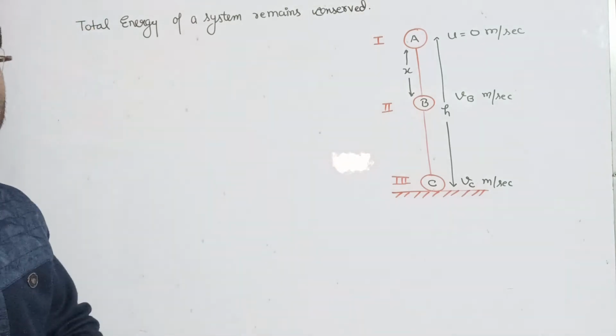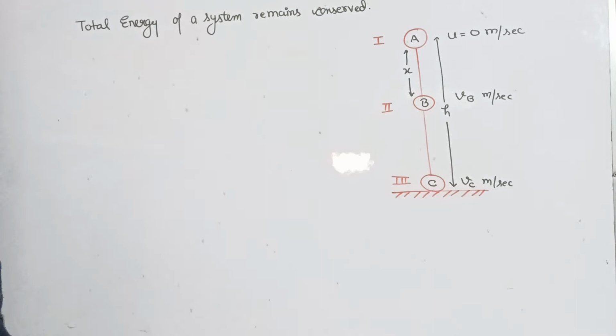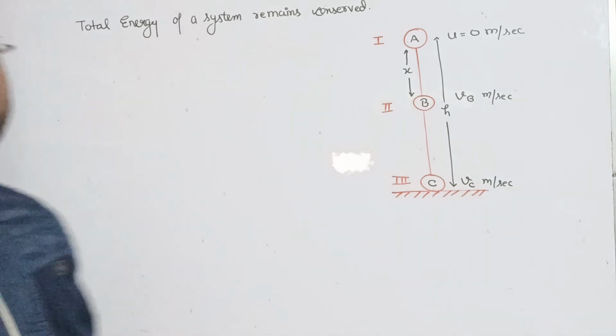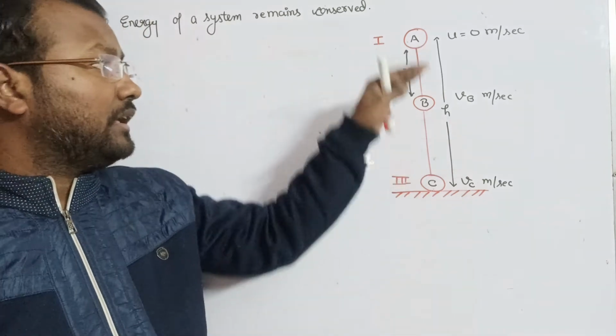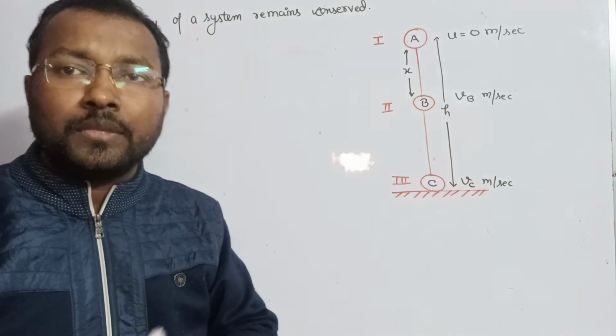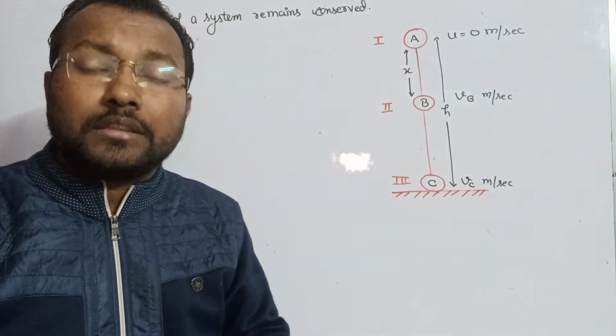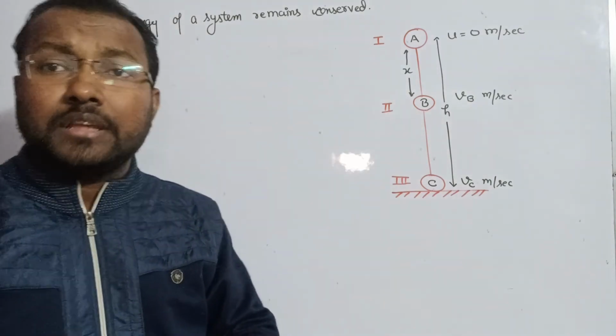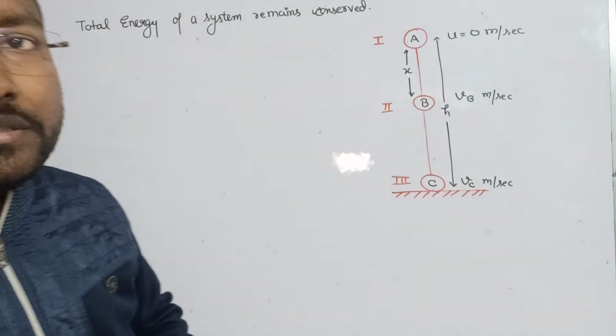This is the statement. Now we will prove that the total energy of the body at A, B and C is still the same. Yes, it may be that the potential energy may decrease and kinetic energy may increase.